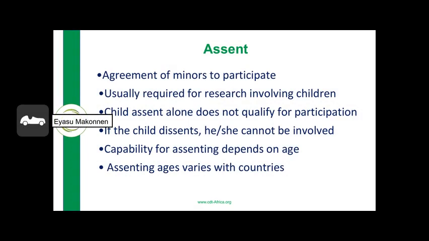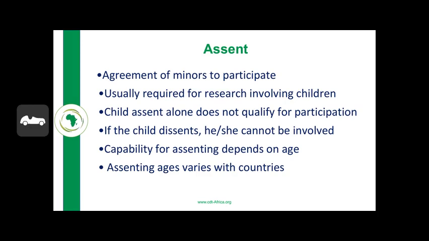Assent is an agreement of minors to participate in a study. Clinical research which involves minors requires assent if the child is in an assenting age, in addition to the proxy consent obtained from parents or legal guardians.